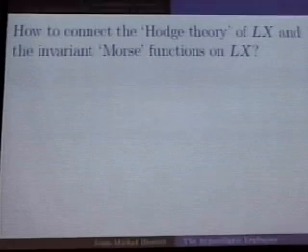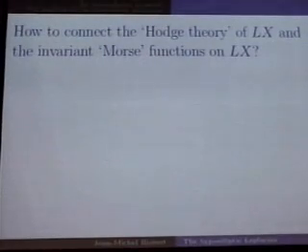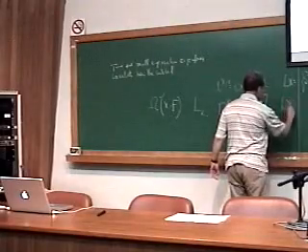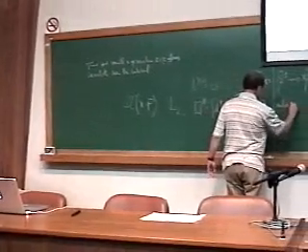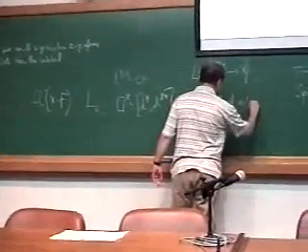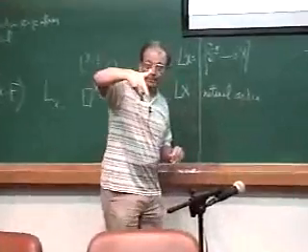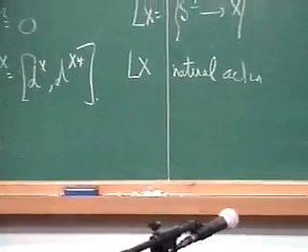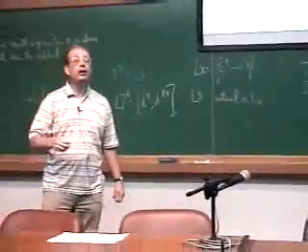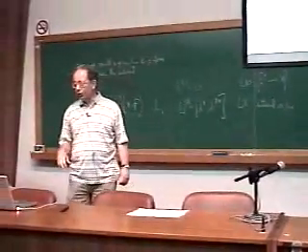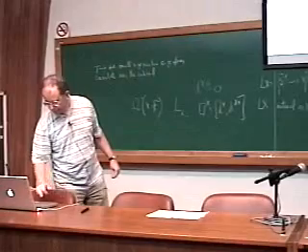So the question is how to connect the non-existing Hodge theory of the loop space and the so-called invariant Morse function on LX. Why do I mention invariant? It's because on LX you have a natural action of S1 simply by rotation. If you take a loop, you can rotate it, and we will be interested essentially in S1 invariant functionals, the energy being a typical such S1 invariant function.